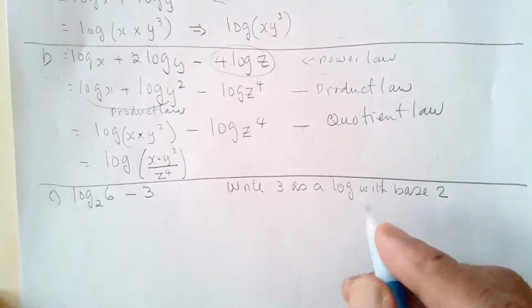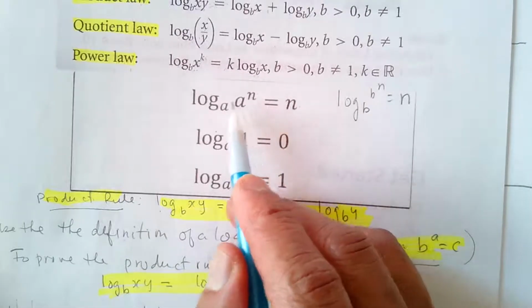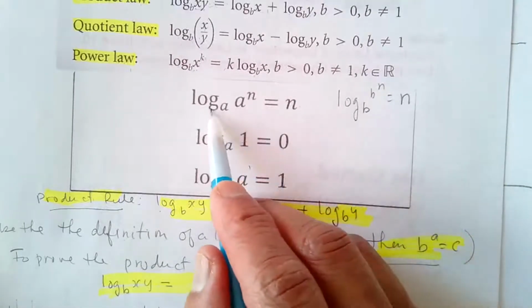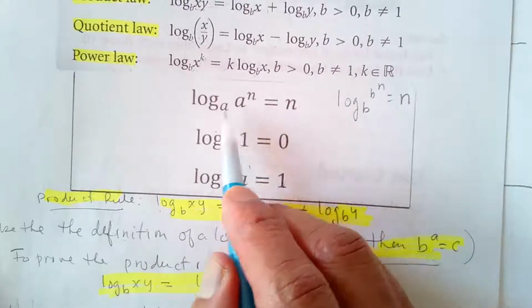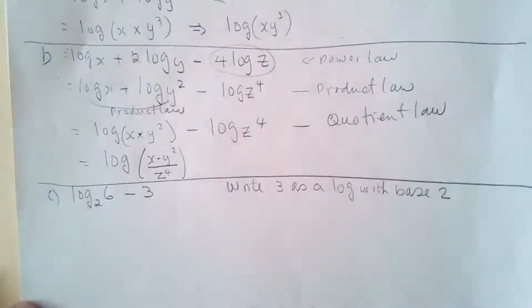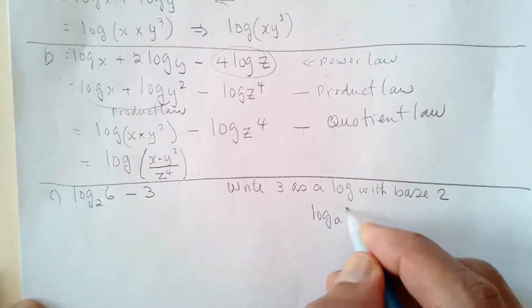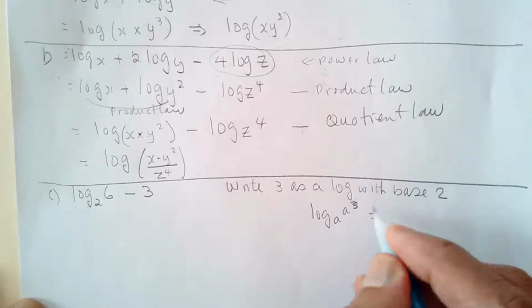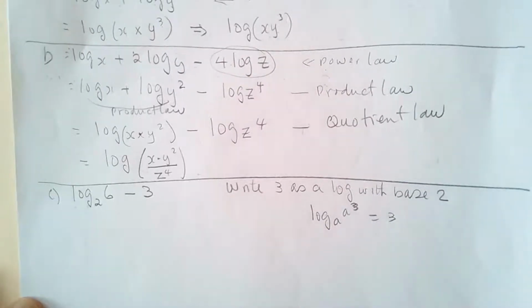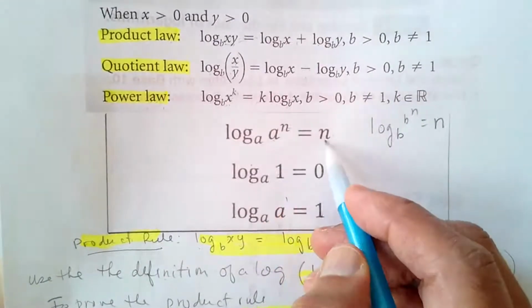Now remember, back to our wonderful log rule here. We can change a whole number into a log by putting it into a base. So remember, log base a of a to the 3 will be equal to 3. This is equal to 3.